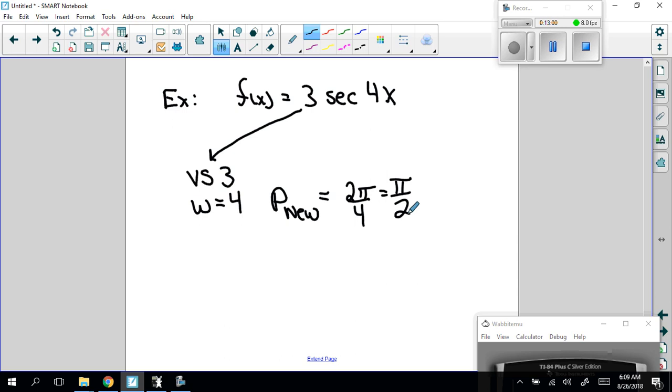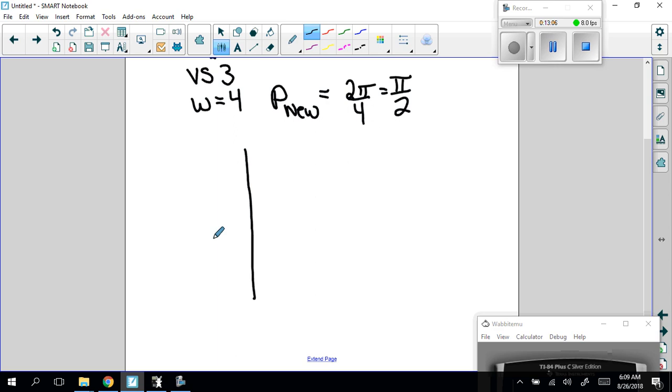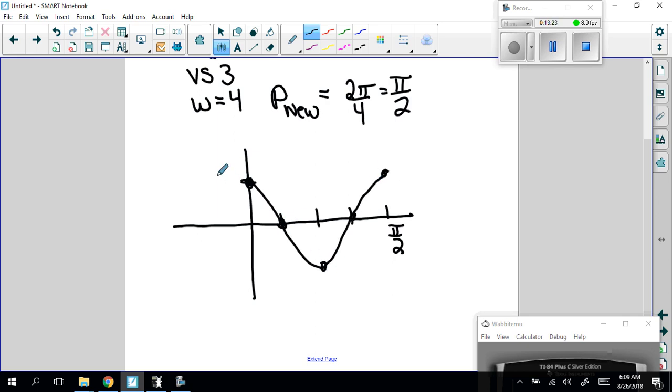I'll go in radians. So what you do is you graph cosine. 1, 2, 3, 4, put a pi over 2. Graph cosine. Don't label it.